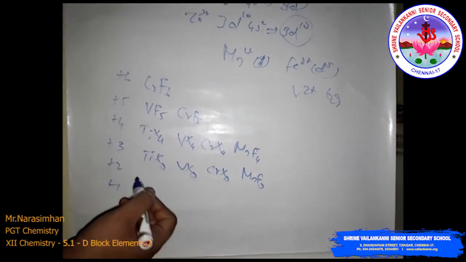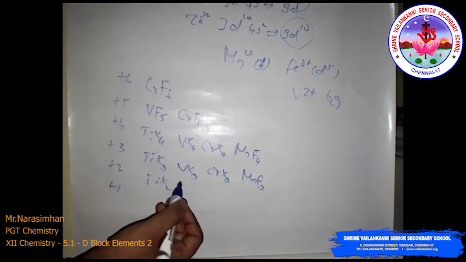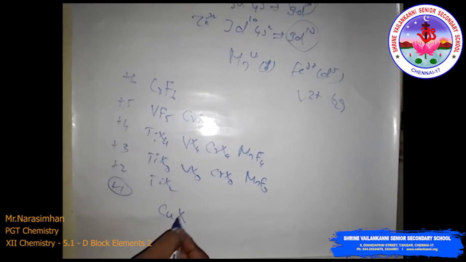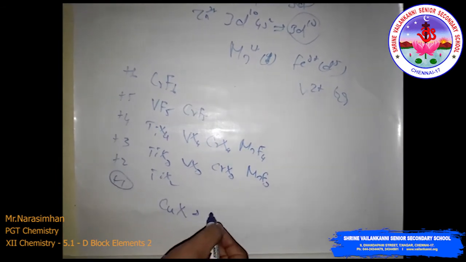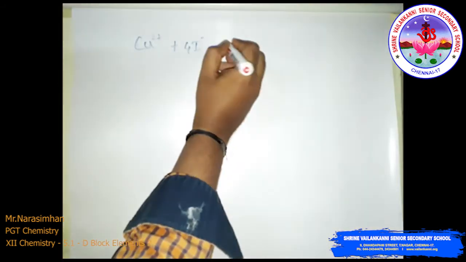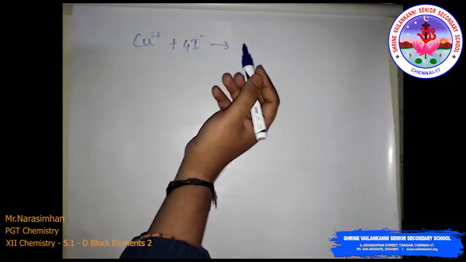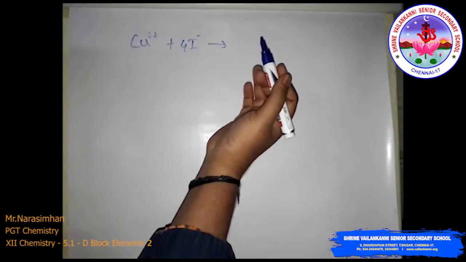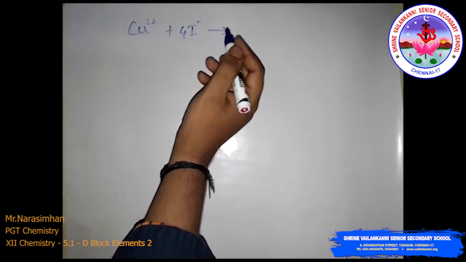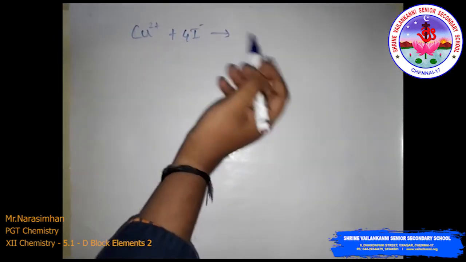Similarly, plus 2 is exhibited more; titanium also exhibits plus 2. Only for plus 1 is copper, that is CuX, for example copper iodide, Cu2I2. See that all copper(II) halides are known except the iodide. In the case of Cu2+, it oxidizes iodide to iodine.